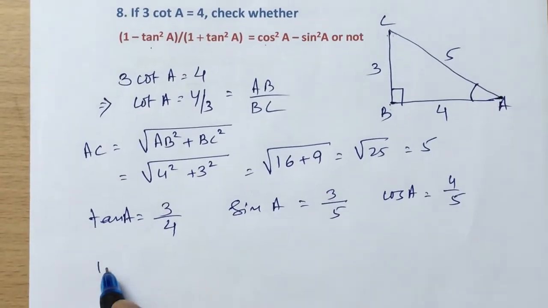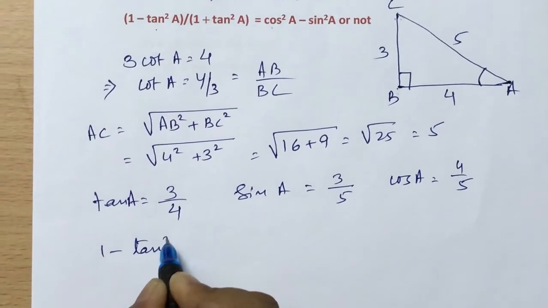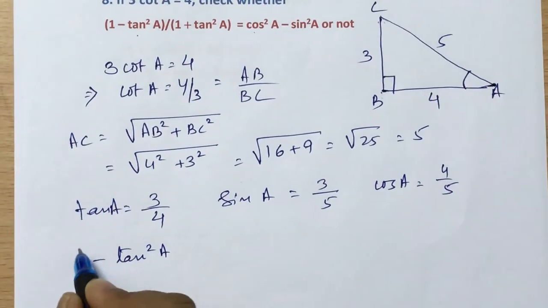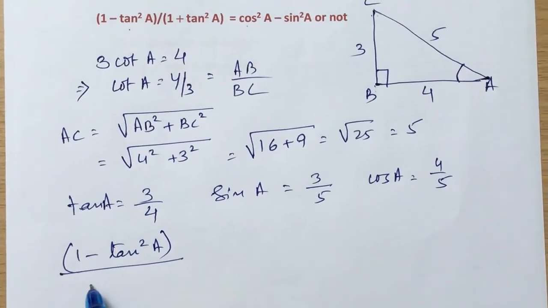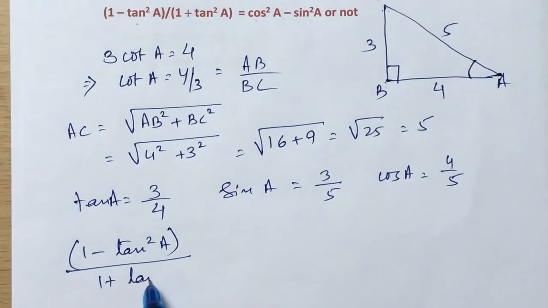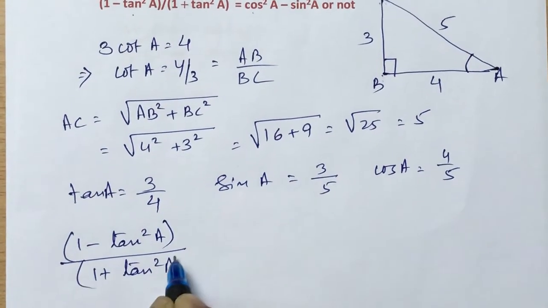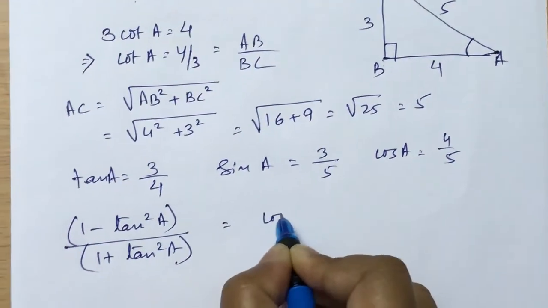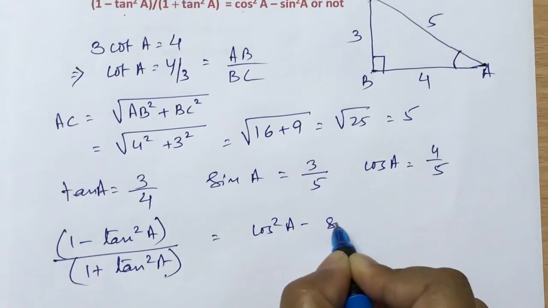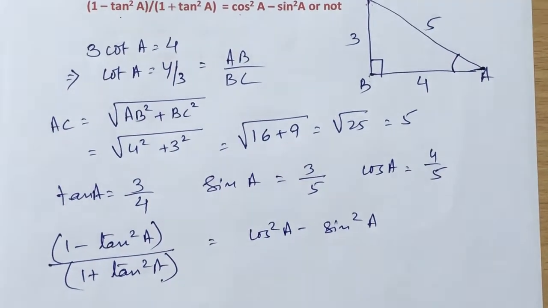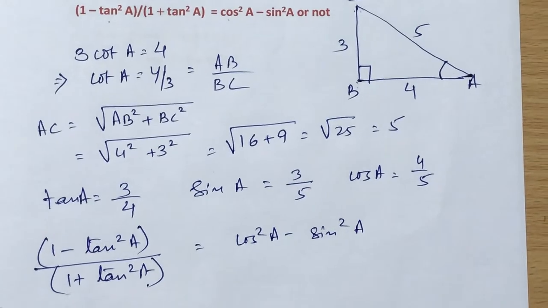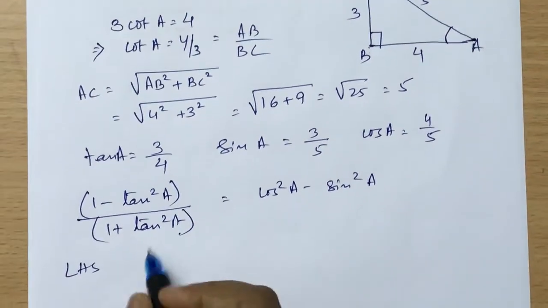What was the question? 1 minus tan square A whole by 1 plus tan square A is equal to cos square A minus sin square A. You have to prove yes or no. So first LHS.